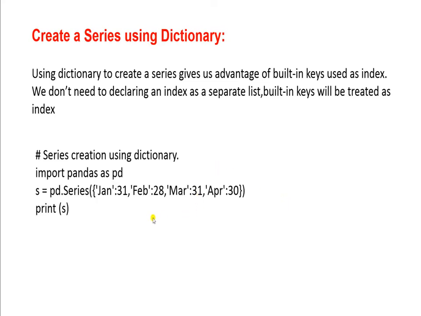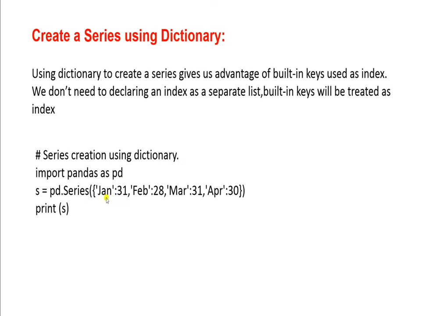Now you can see in this example we have created a dictionary. This dictionary is passed as the parameter for the Series method. You know in a dictionary there are two parts: the first one is the key and the second is the value for that key.